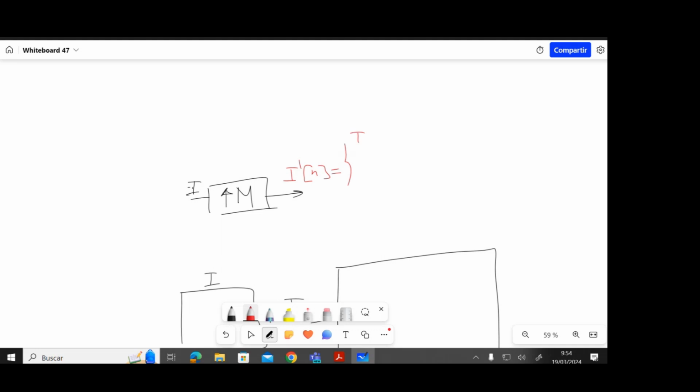So this is x[n/M], if n is a multiple of M, and 0 for other values.